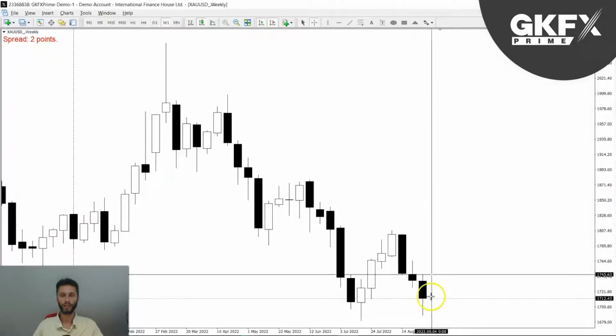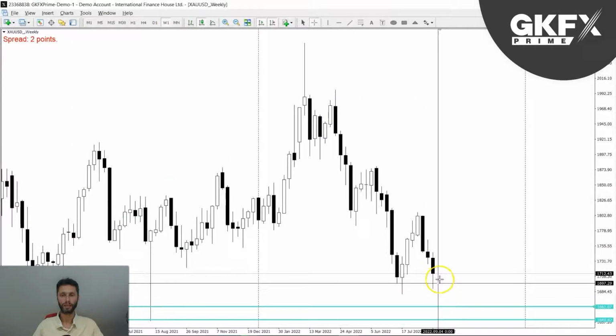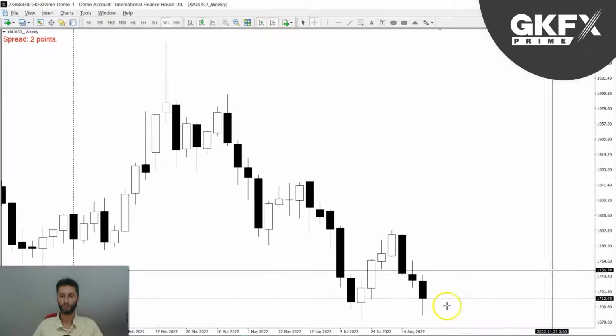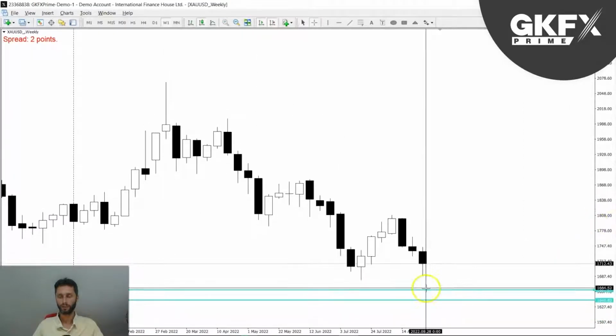Weekly bearish again, so I see a continuation of that bearishness at least to the first level down here, which I marked out as 1660. Let's call it 1660. And look for the market to continue that as we've got bullishness on the dollar. Bullishness on the dollar generally means bearishness on gold.